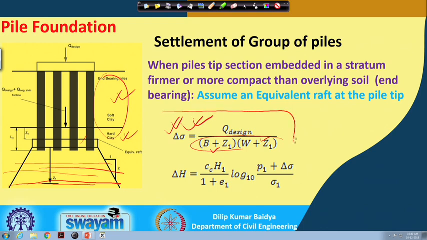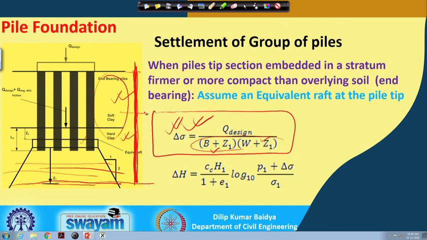This we can calculate, and also we can calculate what the effective vertical stress was before applying the load. If you want to find out the vertical effective stress, then you have to consider soil weight up to the entire depth, and if the water table is in between, then above the water table you take the total unit weight, and below the water table you take the submerged unit weight.